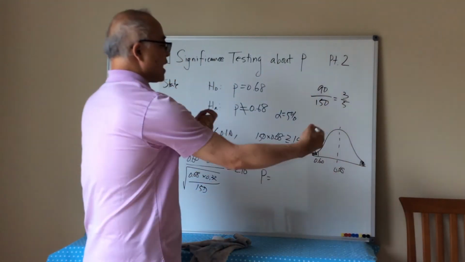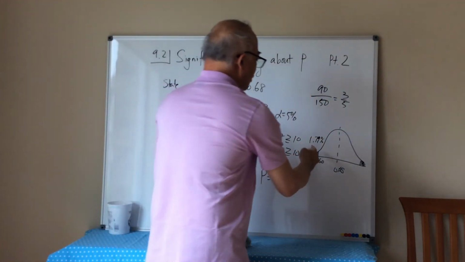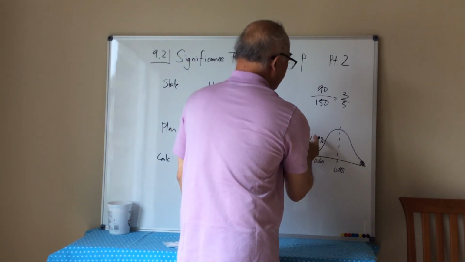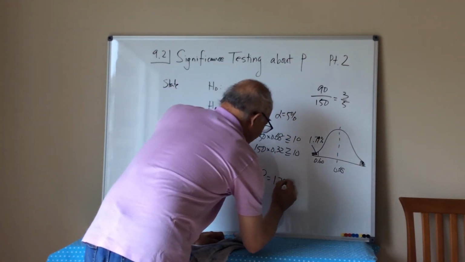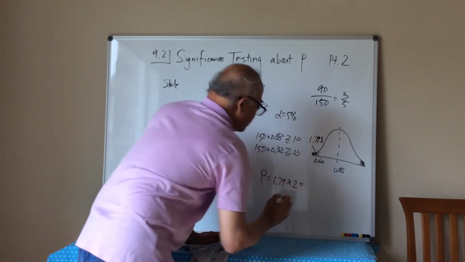It's a two-sided test, so I have to take the 1.79 and multiply it by 2 because I have both tails. So the p-value is going to be 1.79 times 2.